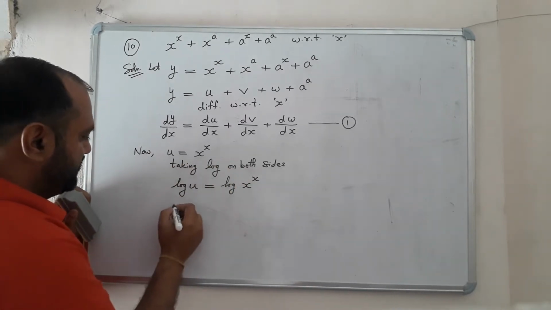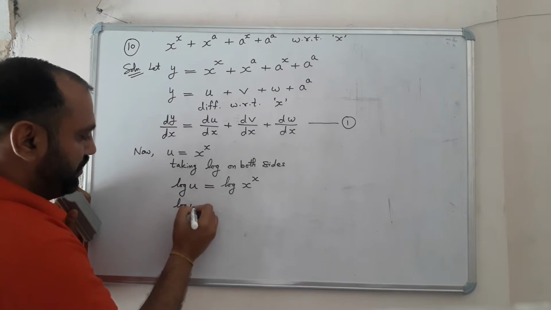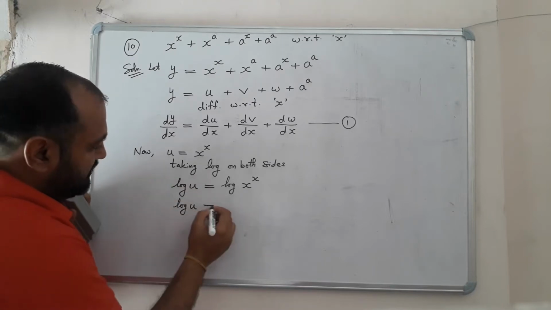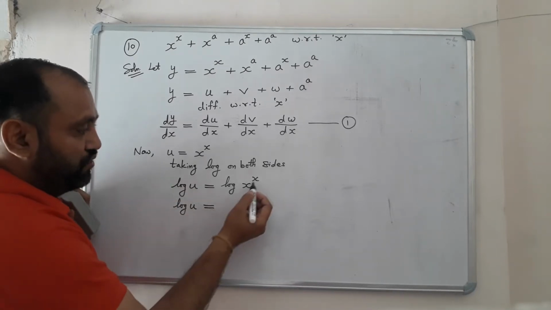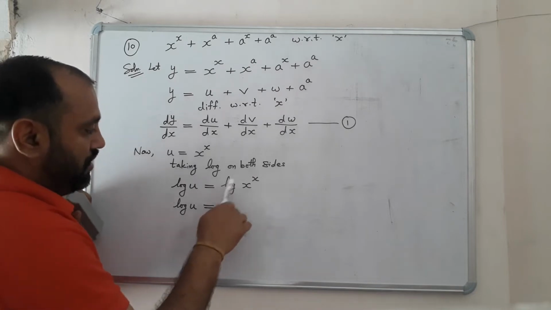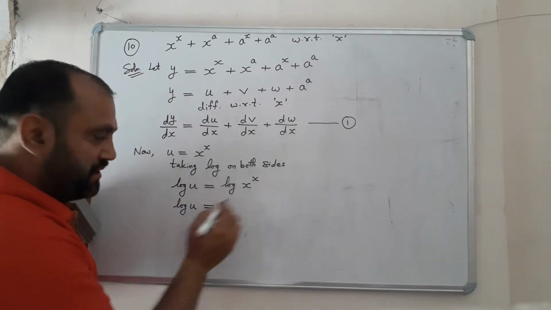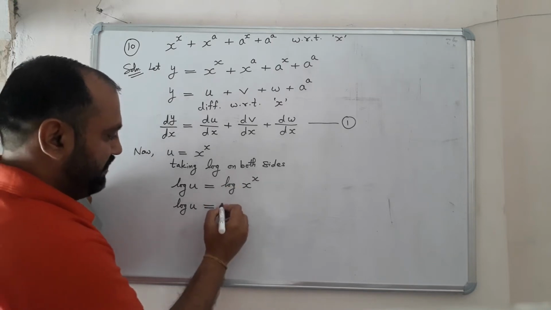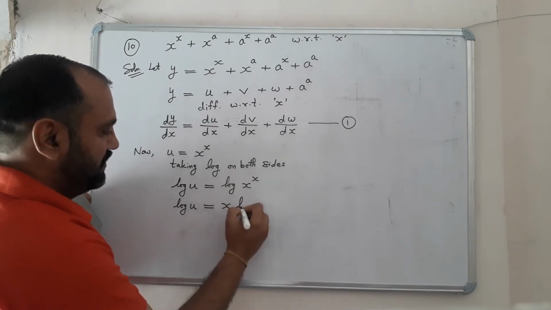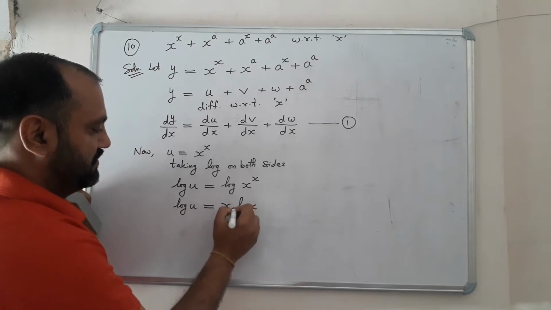As you know the property, log m raised to the power n is n log m. So its value is x log x.